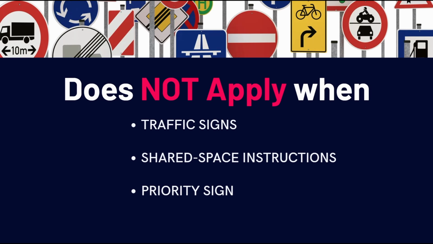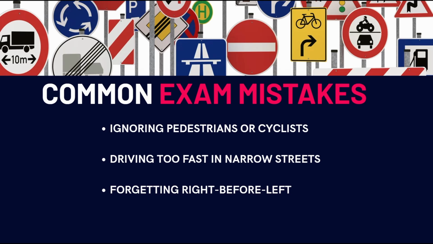Normally there are separate lanes where there will be shared space instructions, and in that case we don't follow this rule. Third, priority signboards normally override normal road rules. Lastly, if there are police directing the traffic, this rule also will not apply. Remember, signs and signals always override the default rule.